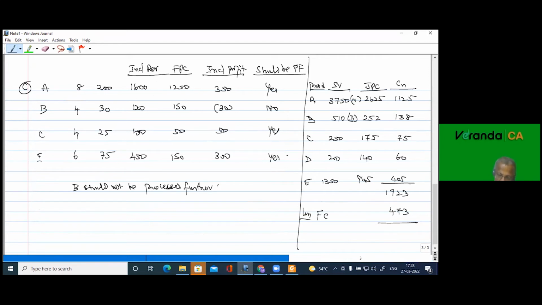Plus 138 plus 75 plus 60 plus 415 comes to 1803 minus 473. That should give you 1330.